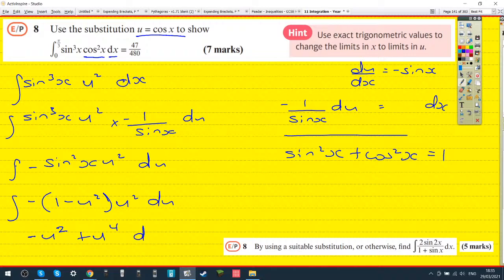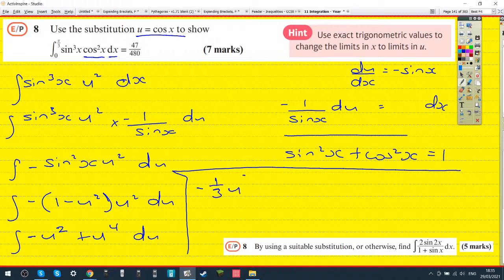Which will then become minus a third u cubed and plus a fifth u to the power of 5.